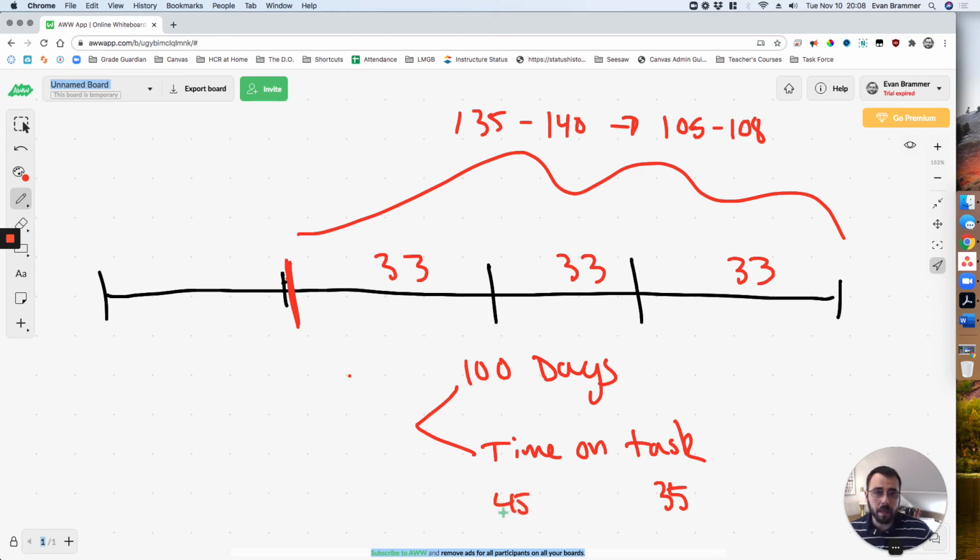Whatever that time is, you'll know it, and so that's your parameter. But then again, I would still suggest rounding down, so instead of 35, I might say 30. Instead of 45, I might say 40. And so now I have very specific time and day parameters. I have 100 days of learning at about 30 minutes per day. And so I can then start to build.